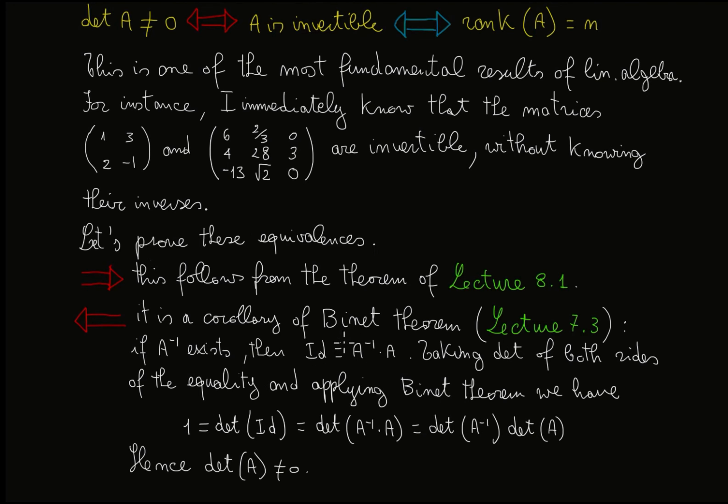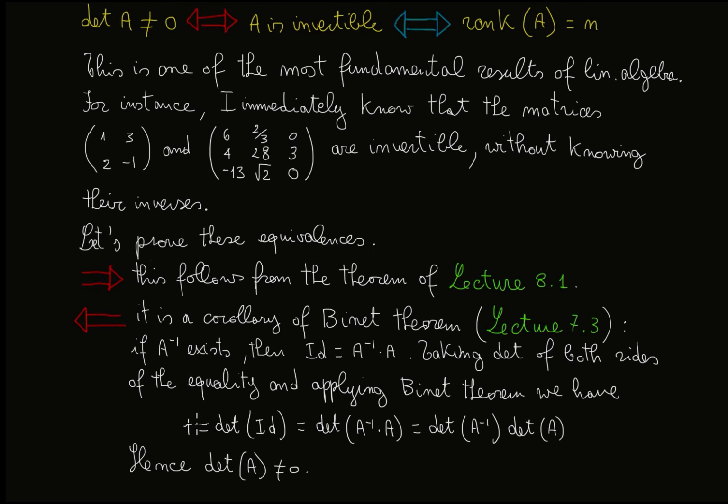So in this case, we use the Binet theorem in the following chain of equalities. We start from the identity of these two matrices. So we have the identity matrix on the left equals A minus 1 times A. This is by definition of the inverse of A. Applying the determinant to both sides of this equation gives an equality between two real numbers, the determinant of the identity matrix and the determinant of this product of the two matrices.